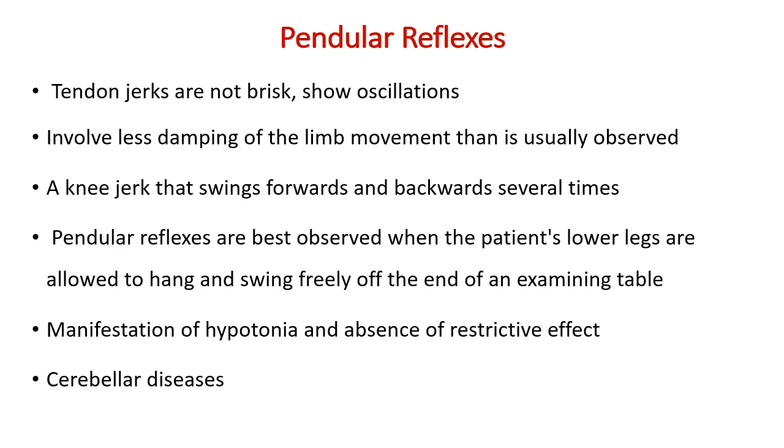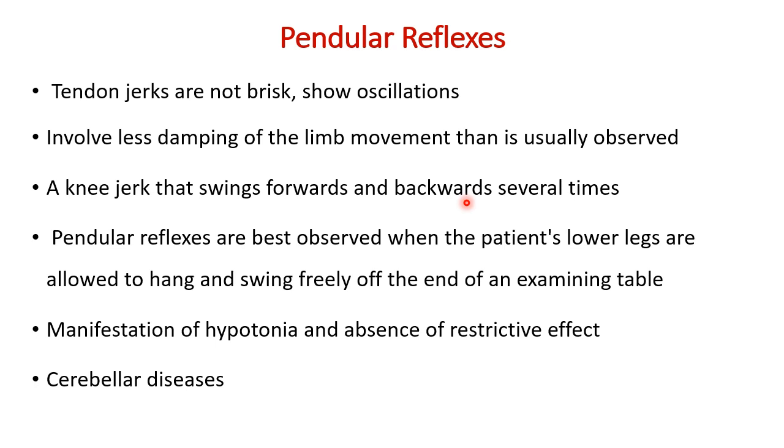Sometimes the knee tendon jerks are not brisk, but they show oscillations. So we call them the pendular reflexes. In the pendular reflexes, the knee jerk swings forwards and backwards several times, so your knee becomes like a pendulum.